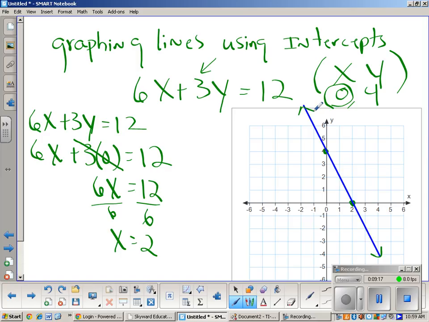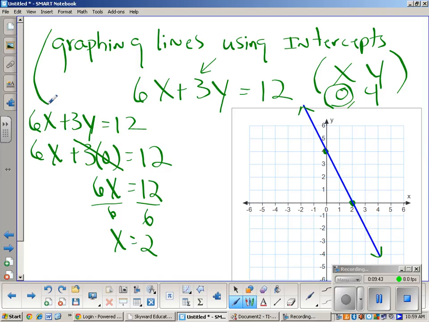Now, if I were you, I would put this information on your formula sheet. I would put slope-intercept form on your formula sheet. I know most of you know this, and you understand it, but just in case you forget, it's there. All right?